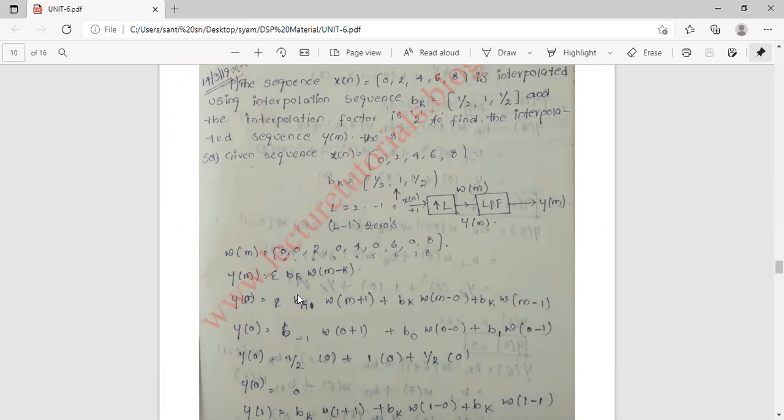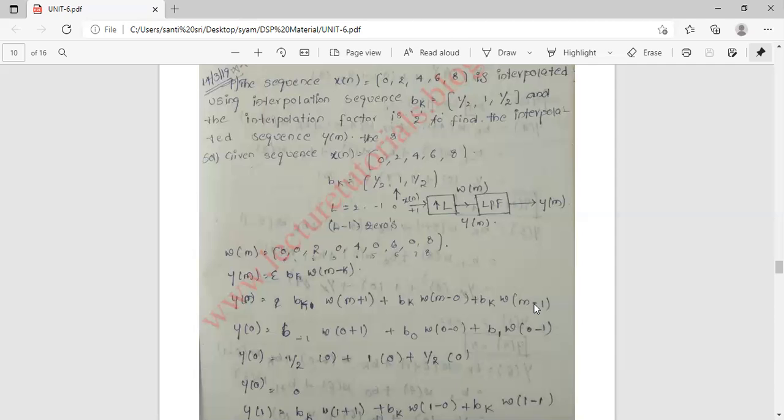So this is b of minus 1 into w of m plus 1, plus b of 0 into w of m minus 0, plus b of 1, that is 1 by 2, into w of m minus 1.